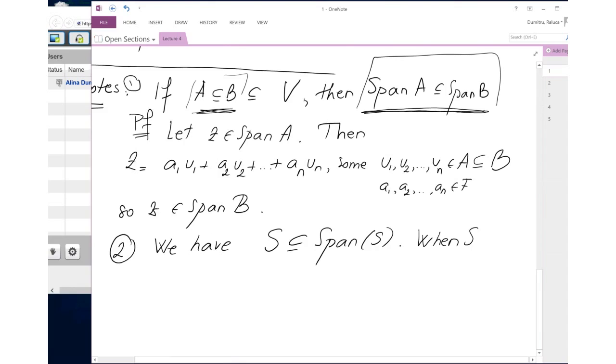When is S equal to its span? All right, so let's think about S a little bit. What can it be? Can it just be a bunch of vectors, like 2, 3 vectors there? If S would have 2, 3 vectors, how many vectors would its span have?